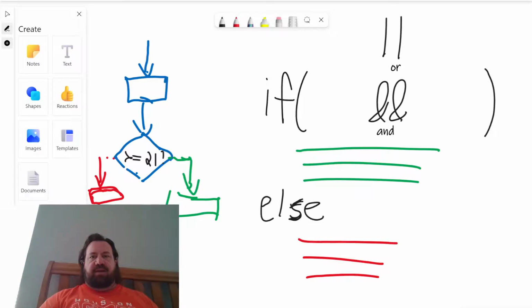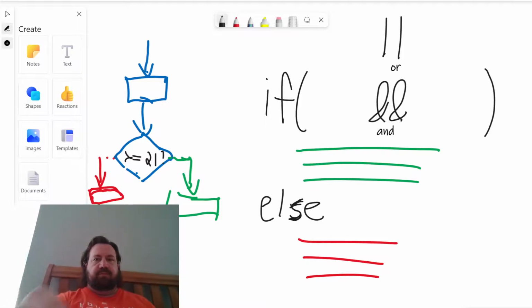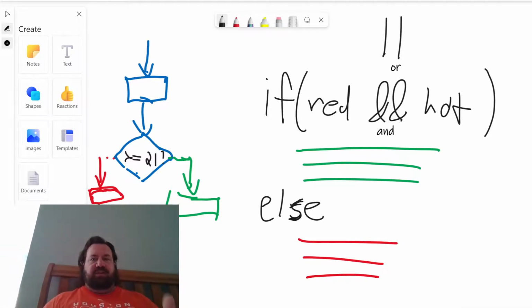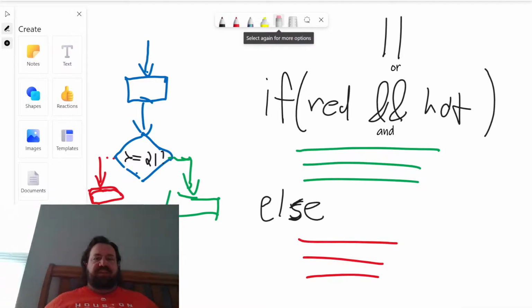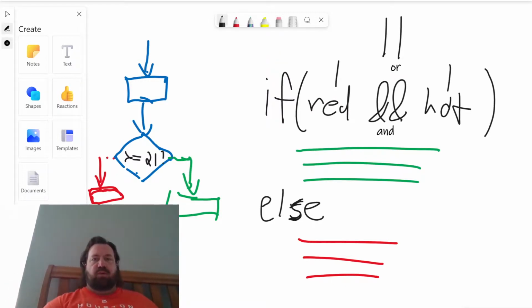Okay. We can say if something is red and hot, okay, then we're going to do some code, else we're not going to do that code, we're going to do something different. The and means both things have to be true, okay? You've got to have a 1 here and a 1 here.